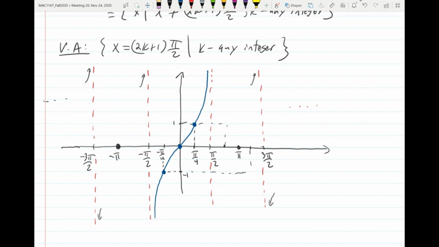It goes up, and this one goes down here. And so on. So it keeps going this way, and then to the left is the same story. It looks like a cube. All right, questions on the graph of tangent? Questions on this?